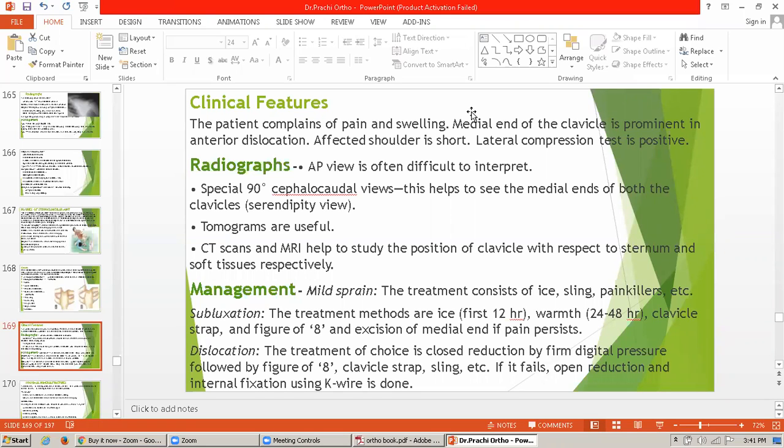On radiograph, the AP view is often difficult to interpret, especially the 90% cephalocaudal view. This helps to see the medial end of both clavicles, that is the serendipity view.